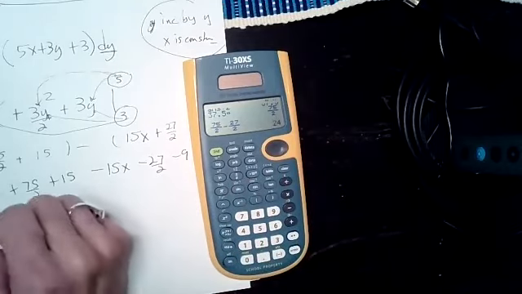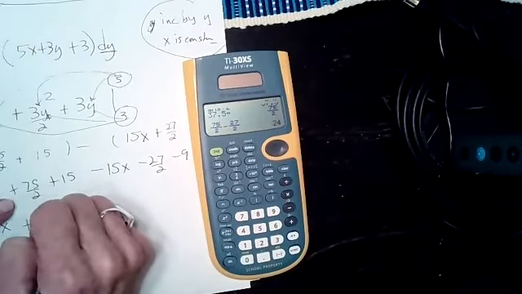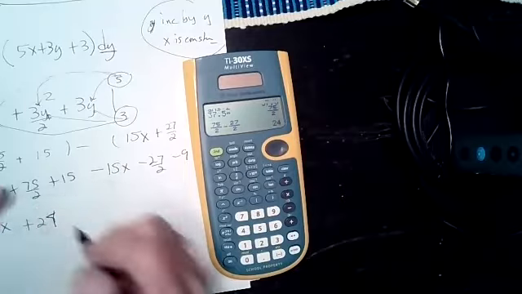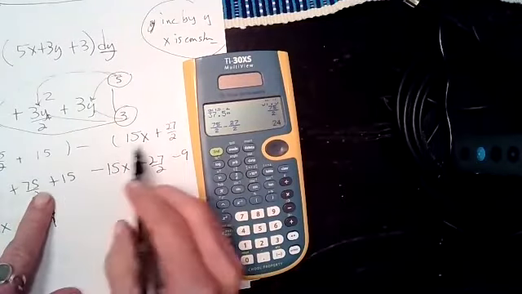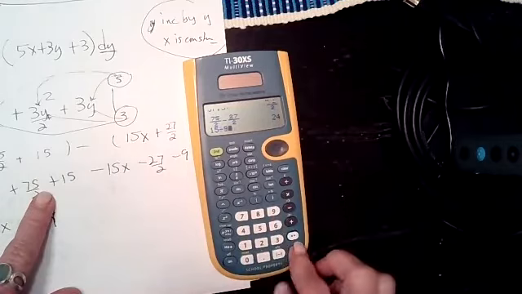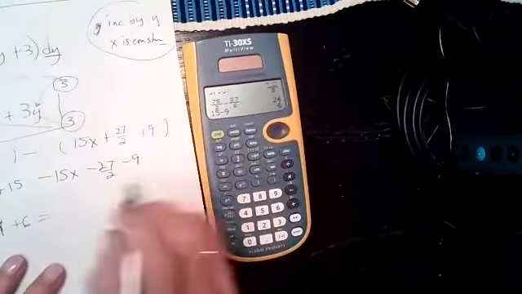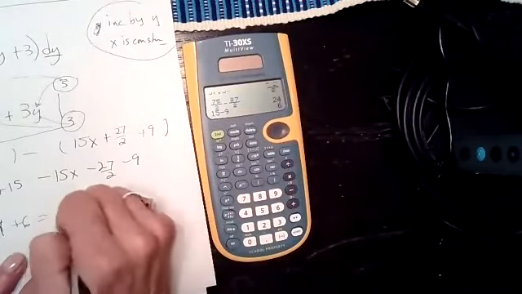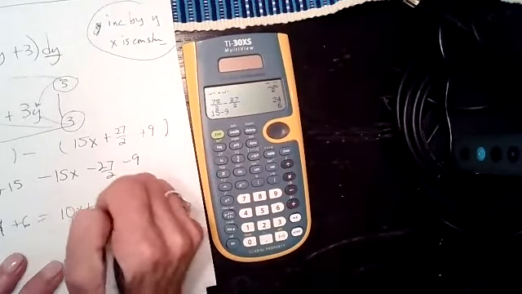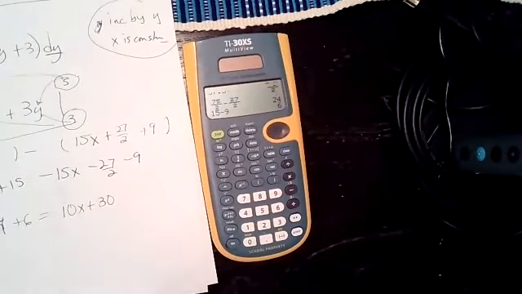Oh, yeah, it's plus 24. Make a 4. And then 15 minus 9 is plus 6. So we can call that what? 10x plus 30. Woohoo! That looks a lot nicer.